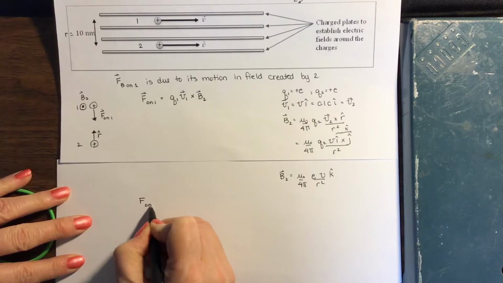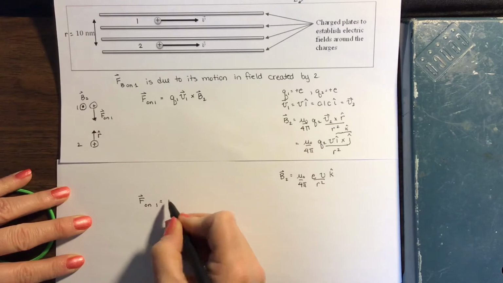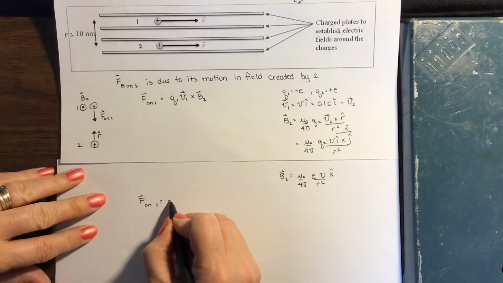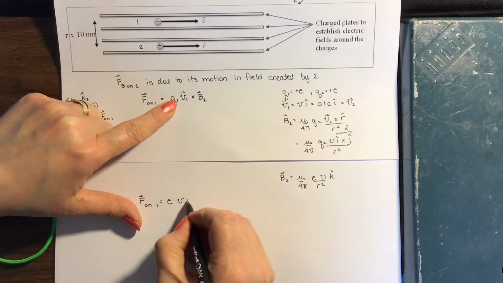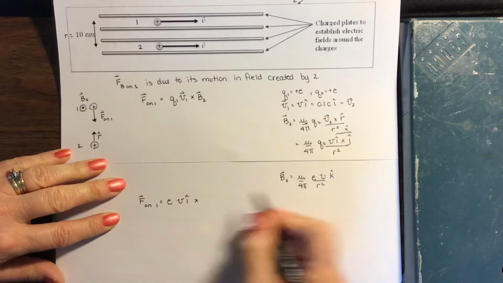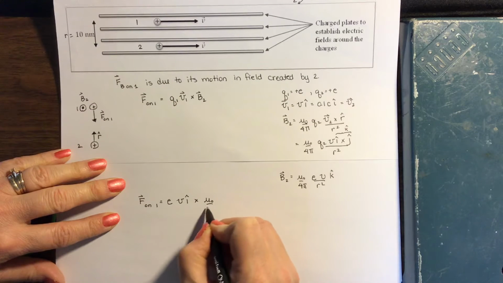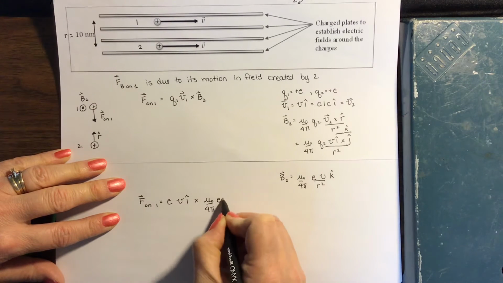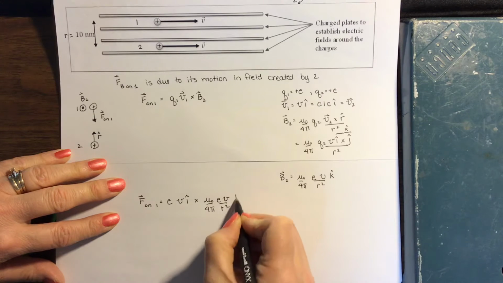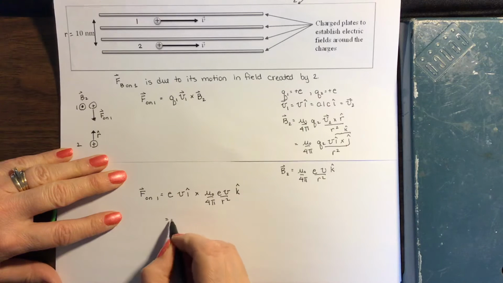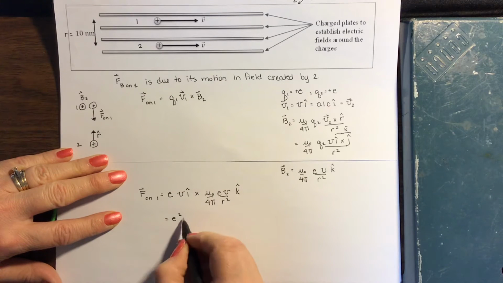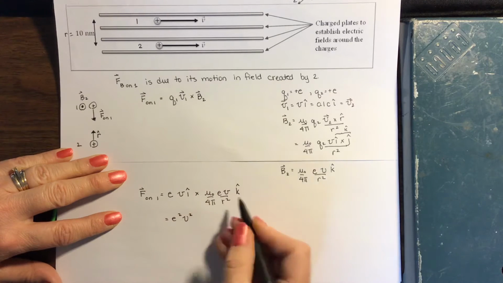So my force on 1 is q1, that's the charge on a proton, which is e, times my velocity 1, which is v i hat, crossed with B2, which is this expression that we just figured out. Okay, let's neaten this up a little bit. e times e, that's going to give us e squared. v times v, it's going to give us v squared.